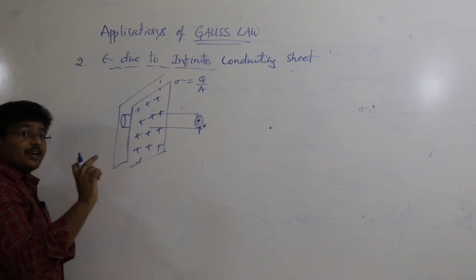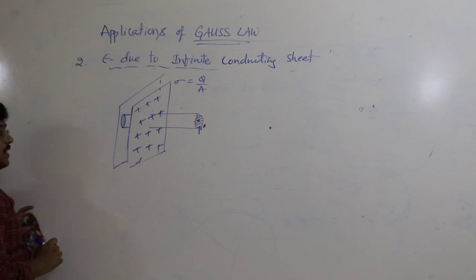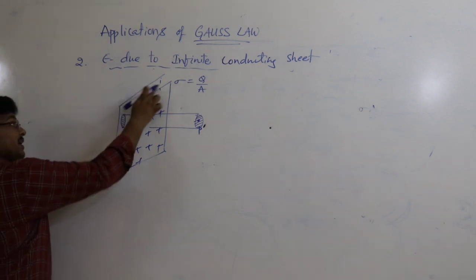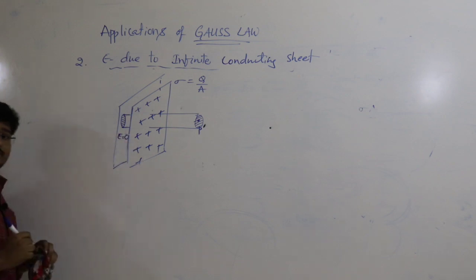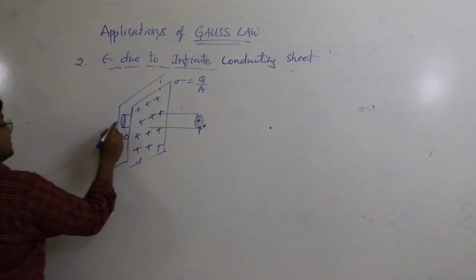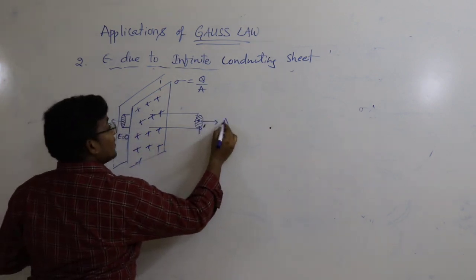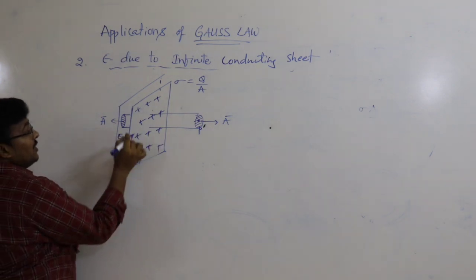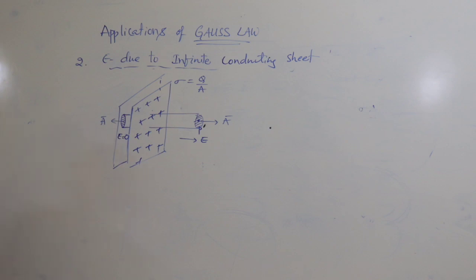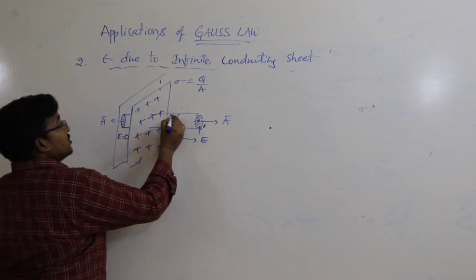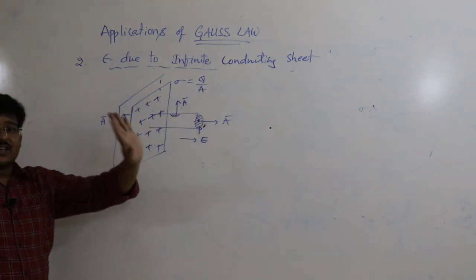That is how I have taken the Gaussian surface. So this is one more surface. And you know that in the material there is no charge, hence the electric field is 0 inside a conductor. This also has an area vector A bar like this, and the field due to this surface is E. And you know that there is no flux linked with the curved surface. Curved surface flux is 0.